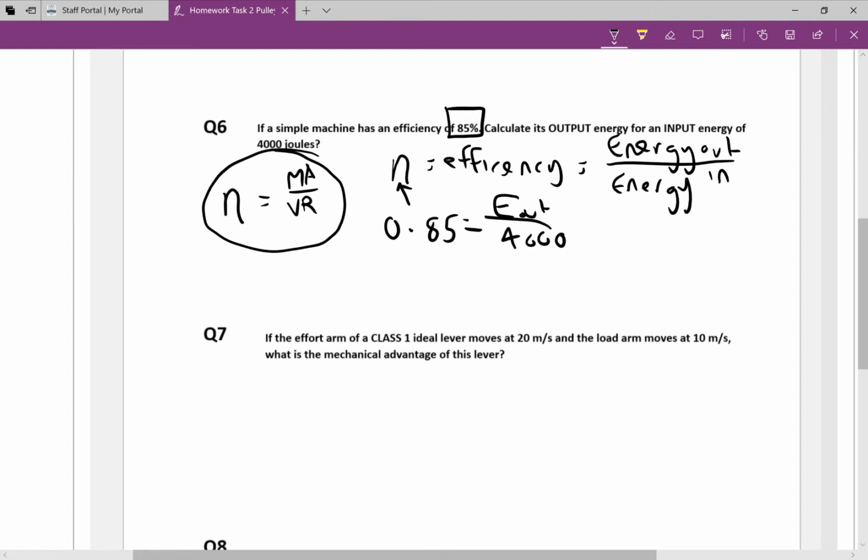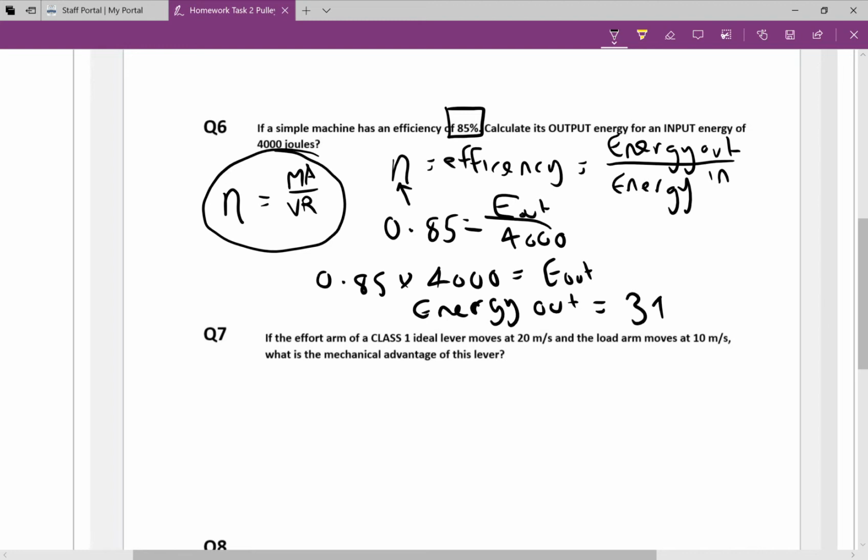So then we just multiply both sides by 4,000 to get rid of this pesky 4,000 on the bottom, and we end up with 0.85 times the energy in is equal to the energy out, and that's equal to, I'm going to write it here, energy out is going to be equal to 3,400, and what do we measure our energy in? Of course, we measure it in joules. And that is the answer for that question.